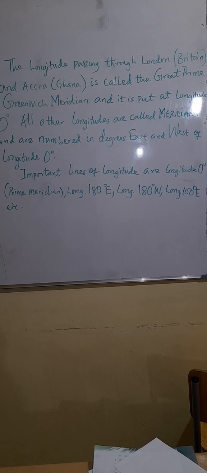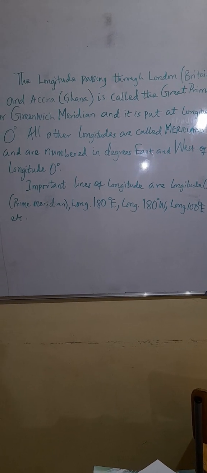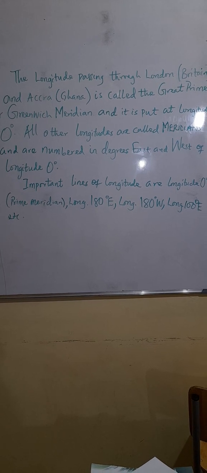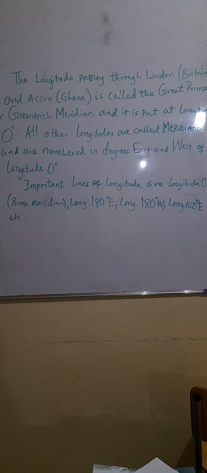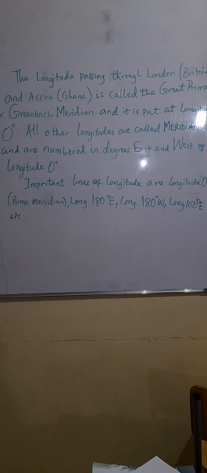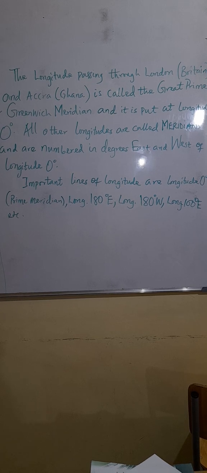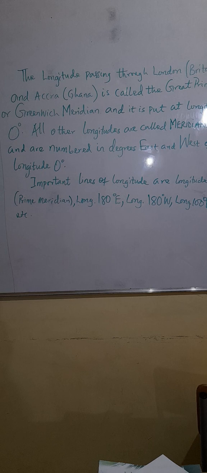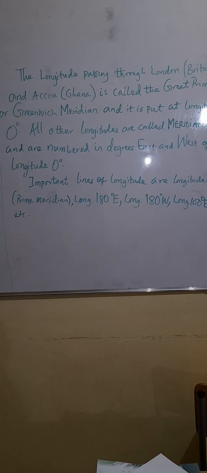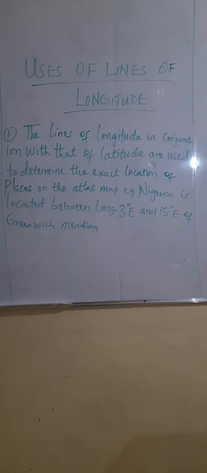There are many more. These are the important lines of longitude, and they are very important to know, because they will be used in part 2, when we will be solving calculations on lines of longitude.